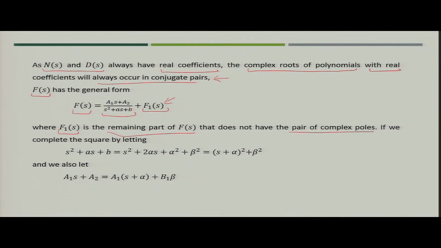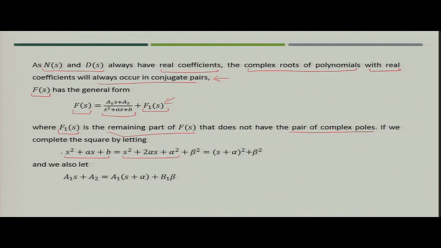Now, what do you have to do next? In the denominator you have the term s square plus a s plus b. You need to complete the square in the denominator. So, we add a few terms in the polynomial and subtract a few of them and rearrange in such a way that it looks like s square plus 2 alpha s plus alpha square plus beta square.